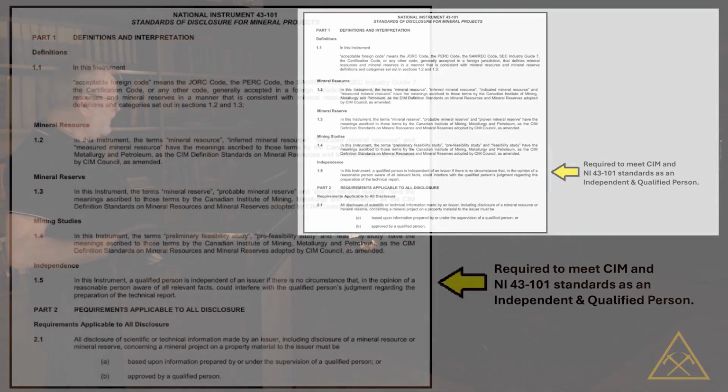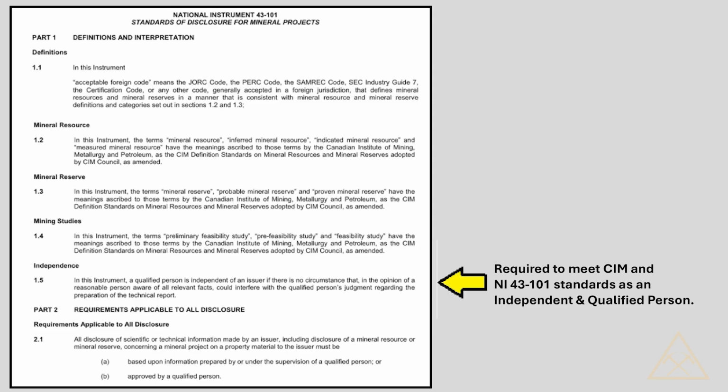Okay, a lot of the things that are involved in exploration, with news releases and resource estimates and PEAs and PFS, they have to comply with certain standards. And those standards are called National Instrument 43-101.